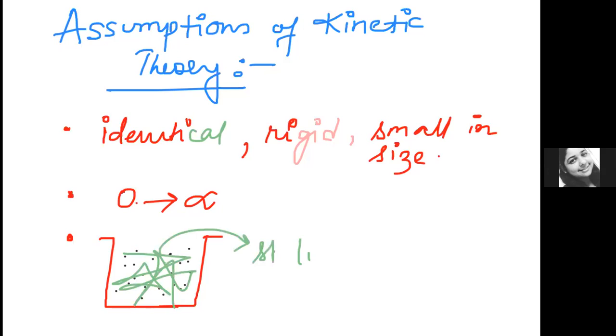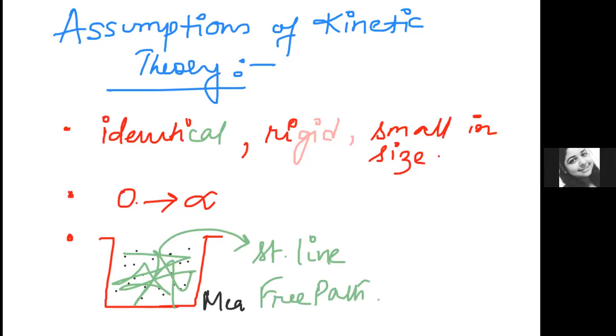The distance is called free path. I think you have heard this term before as well. This is called free path of the molecules, and the average distance is called the mean free path.